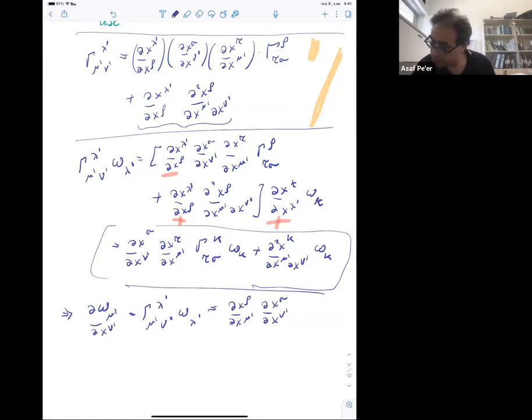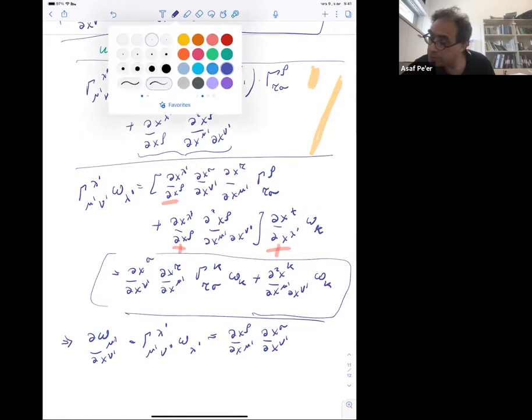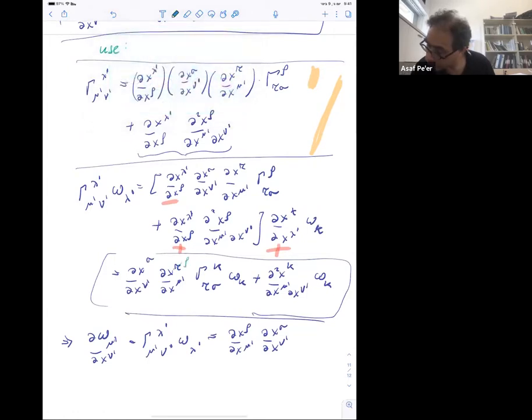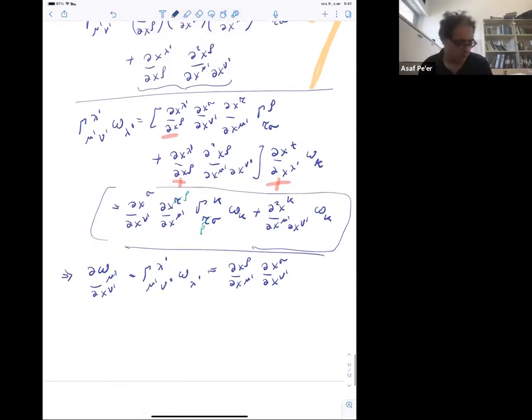I see that I switched tau with a rho. It's kind of annoying to take care of all these dummy indices, but it's really nothing but taking care of dummy indices. So, you do have to pay careful attention to what I'm doing here, so that you see that I don't cheat you. I can get confused with no more than that. I just have to do it slowly. Times d omega rho over dx sigma minus gamma kappa rho sigma omega kappa. The last term just vanished.